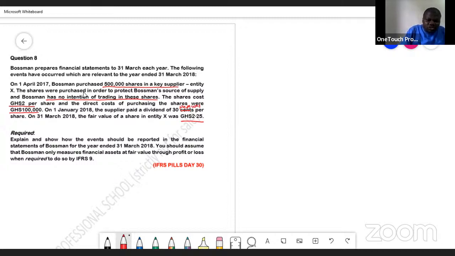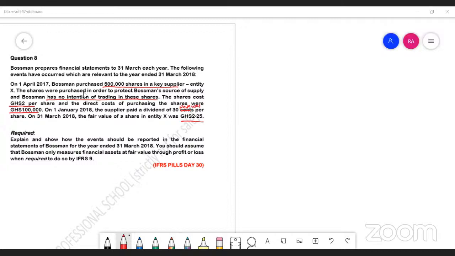Required: explain and show how the events are reported in the financial statements of Bossman for the year ended 31st March 2018. You should assume that Bossman only measures financial assets at fair value through profit and loss when it is required to do so. This is where the issue is.